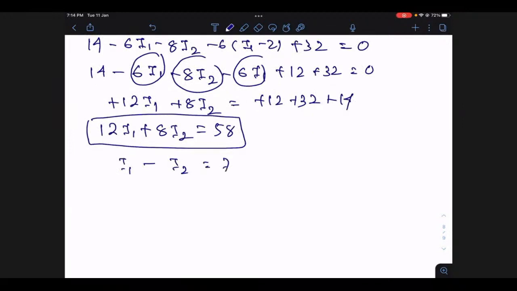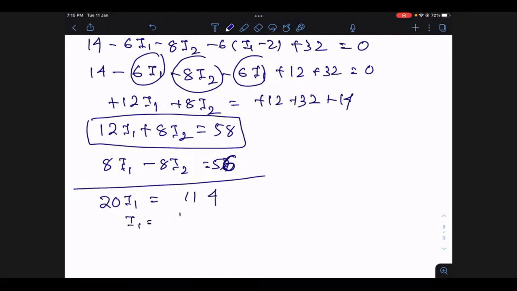If you simplify this, let us multiply by 8 on both sides. 8I1 minus 8I2 is equal to 56. If you add both of these, 20I1 is equal to 114.